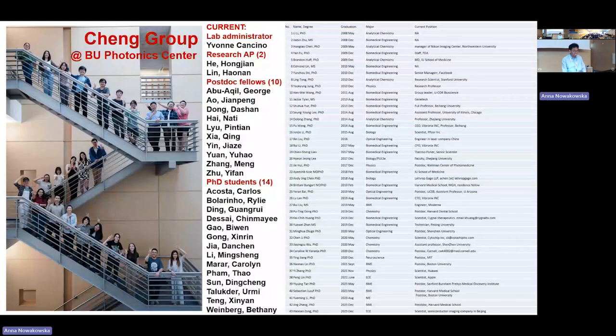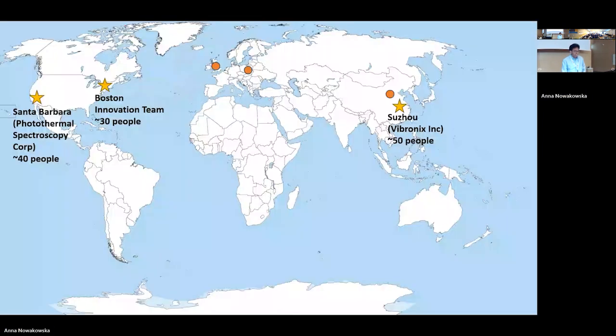And this is my group at the Boston University Photonics Center. We now have a group of about 25 people working on chemical imaging, but also other things. Besides the research team, we have 2 company partners. One is Photothermal Spectroscopy in Santa Barbara, to fully commercialize this technology.